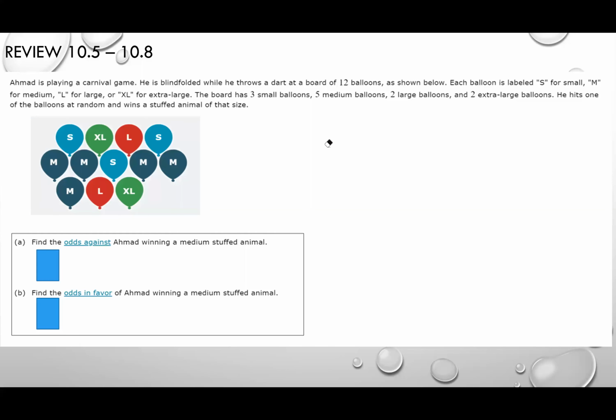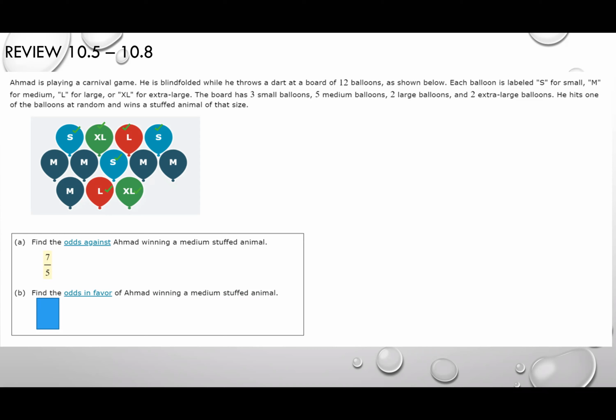stuffed animal. So how many items are not medium? Do you agree that we have 1 item, 2 items, 3 items, 4 items, 5, 6, 7? We have 7 items that are not medium. So all you do, again, to find the odds is look for what items we have that are not the item, which is what is not medium.